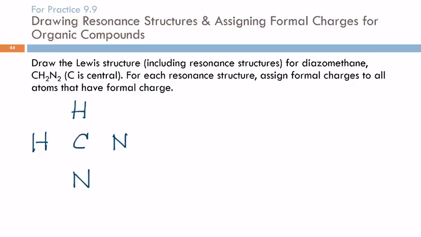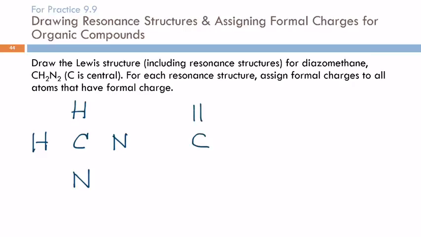Yes? So I understand that the hydrogens have to be on the outside. Could you also write it like that, but with the bottom end on the other side of the end? Yes, you could. They're telling us that the carbon is in the middle. They're not necessarily saying that this nitrogen has to be bonded to that carbon, that they both have to. So there are different possibilities.